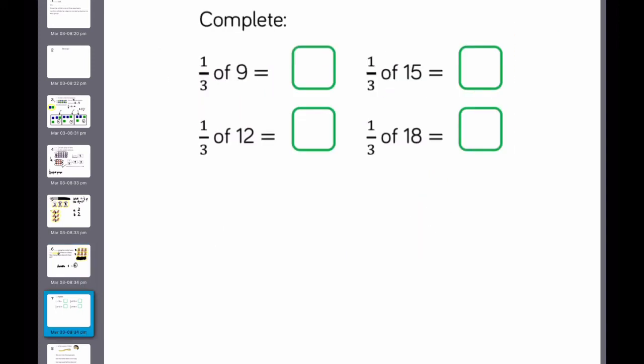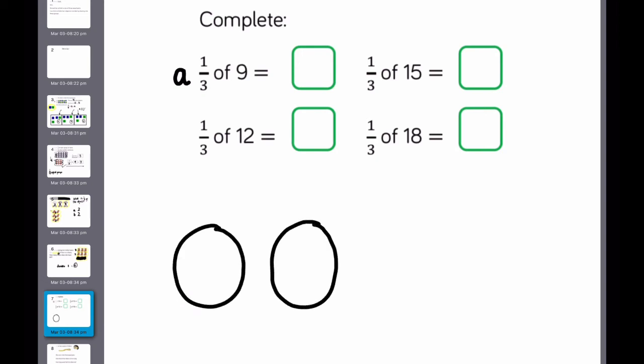Let's do some fluency questions. You did this yesterday. You were super good with your fluency. So let's do A first. 1/3 of 9. I'm going to draw myself 3 circles. You might want to draw 3 circles as well, or you might want to use a bar model, whatever you want to use. And we're going to find 1/3 of 9.